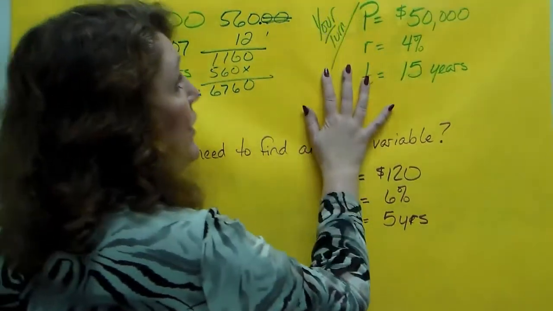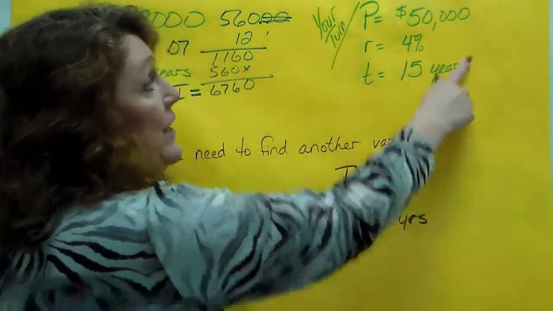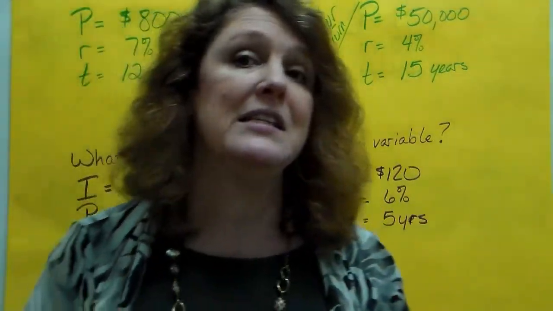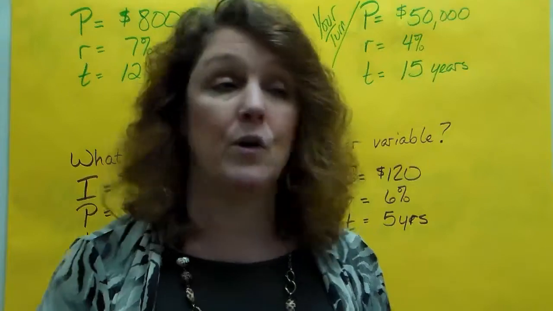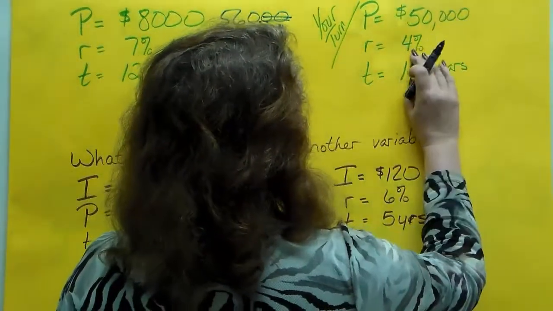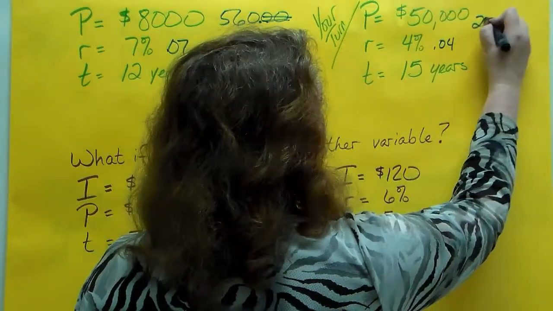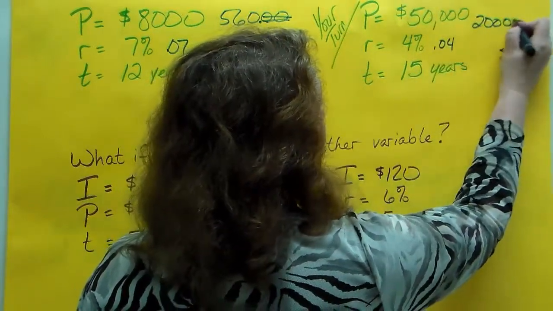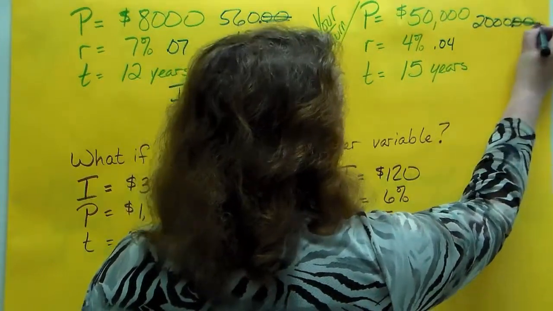So now I've got one for you: $50,000 at 4% for 15 years. Why don't you go ahead and multiply these up, push pause, and come back when you're done so you can see how you did. Okay? So 50,000 times 0.04. 4 times 5 is 20 with 4 zeros and 2 decimal points.